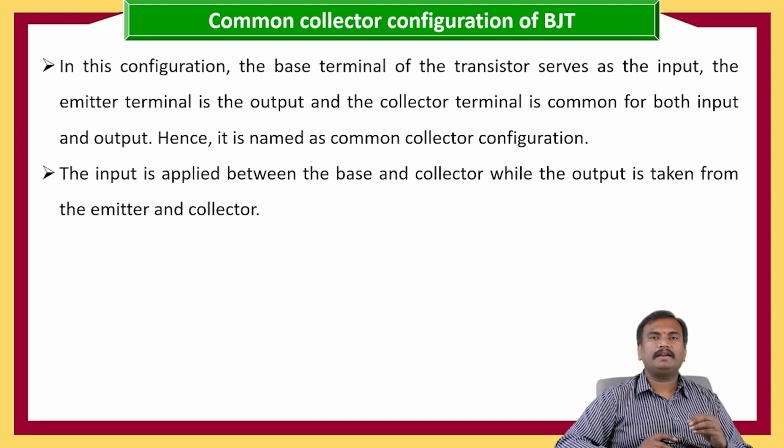We are taking the collector as the common or ground point, and we make the base the input and the emitter the output. The input is applied between the base and collector, while the output is taken from the emitter and collector.